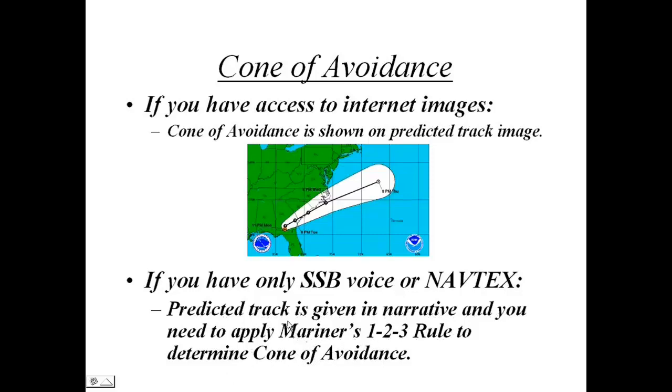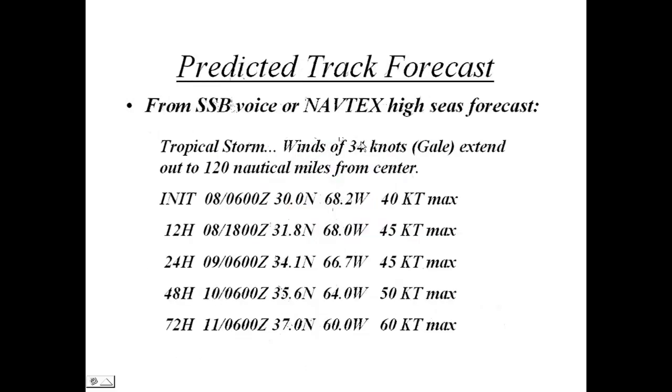Now let me show you all of that. Here's a forecast of a wind track that's come over voice radio or the NAVTEX. And it says, tropical storm, winds of 34 knots, gale, extend out to 120 nautical miles from the center.